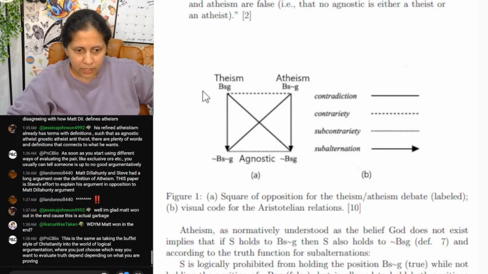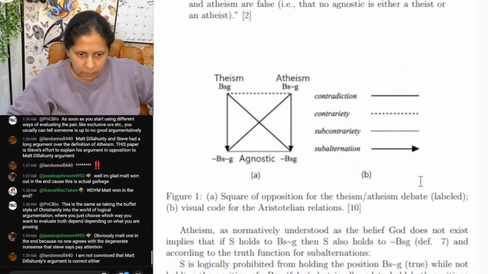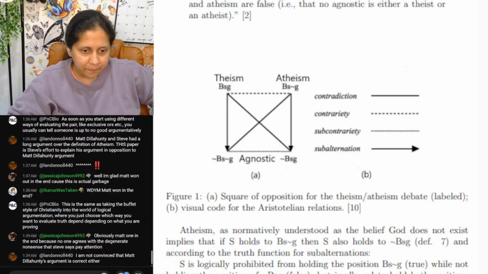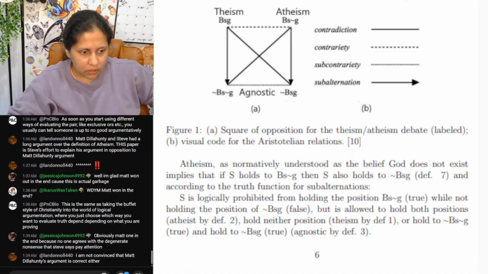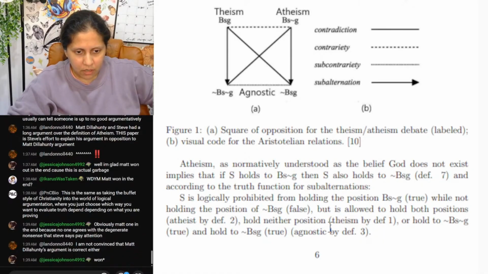Theism is on one side, atheism on the other. The lower row is the weak pair, weak atheism, weak theism, right? And agnosticism is treated as a conjunction of the two lower positions. So if I go here, there it is, right? Theism on one side, atheism on another, and then you have weak theism and then weak atheism.